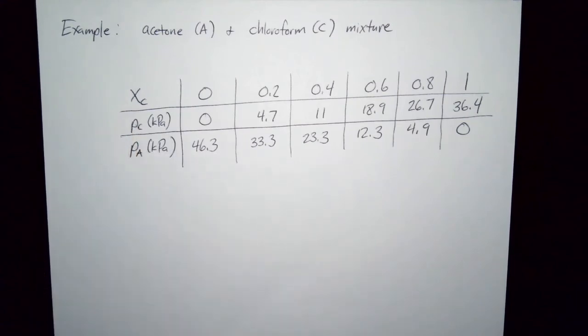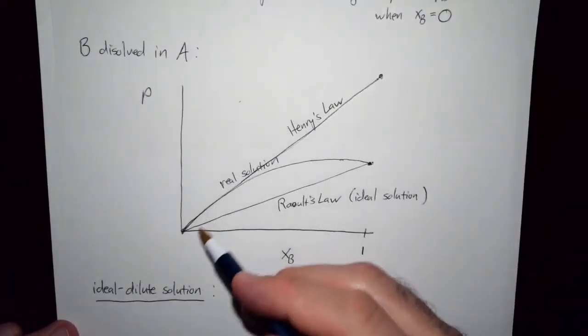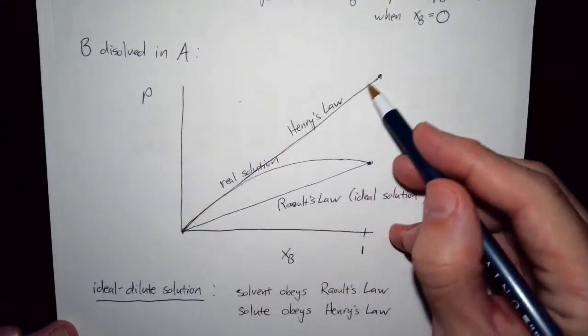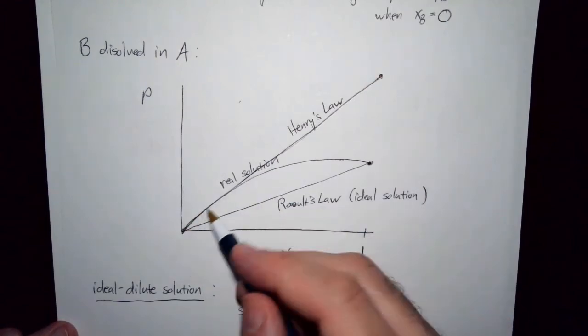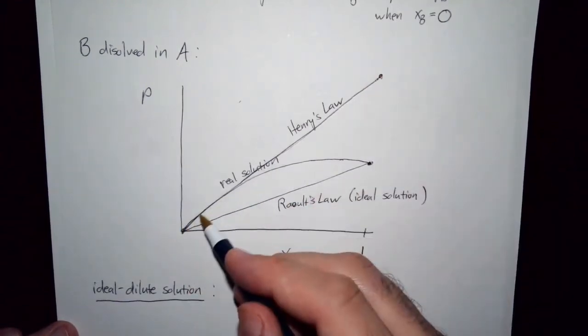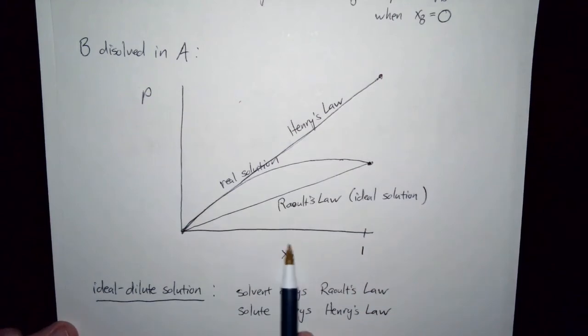Remember, Henry's constant is the slope of this line close to, well, I shouldn't say the origin. It's the slope of this line close to where the mole fraction is 0 or close to 0.